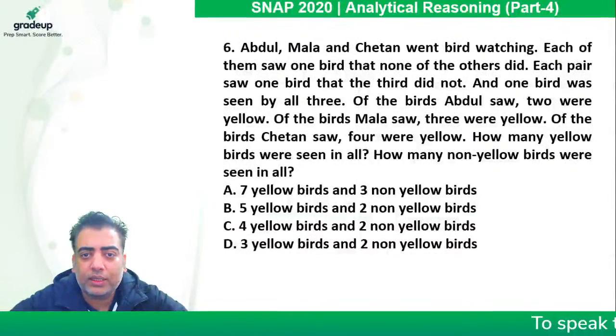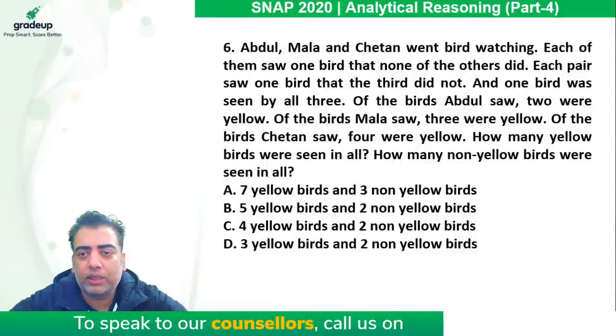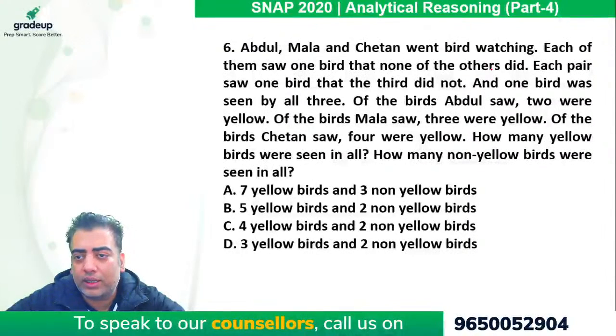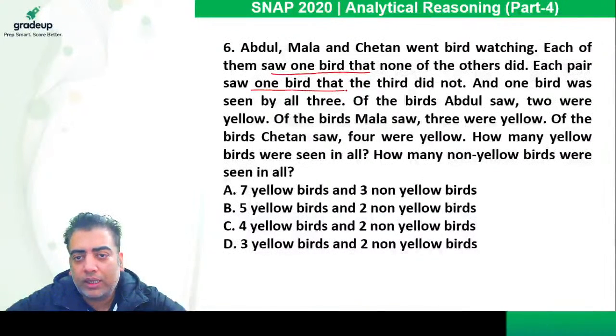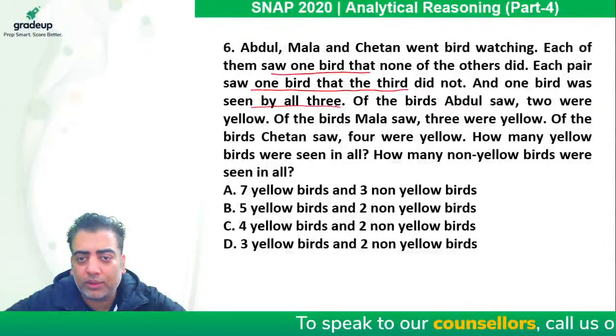So here it says Abdul, Mala and Chetan went bird watching. Each of them saw one bird that none of the others did. Each pair saw one bird that the third did not. And one bird was seen by all three.